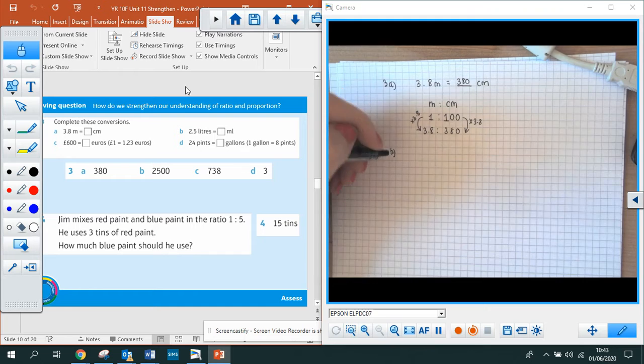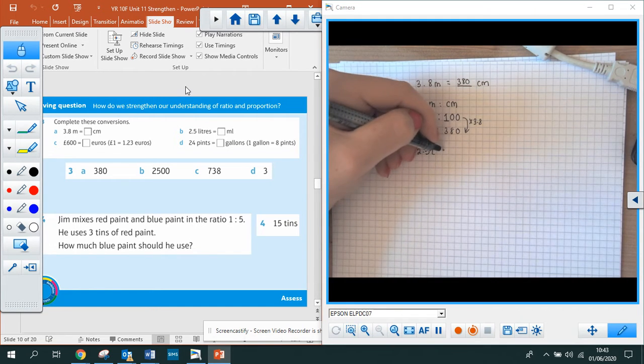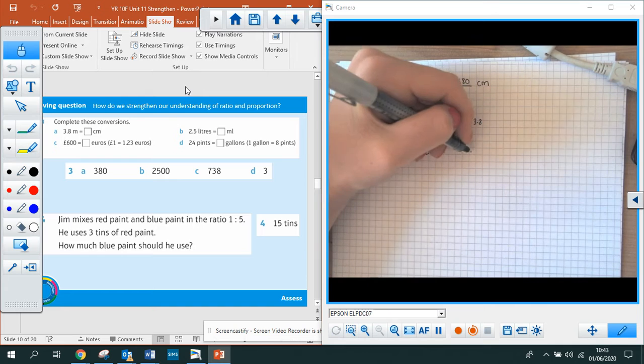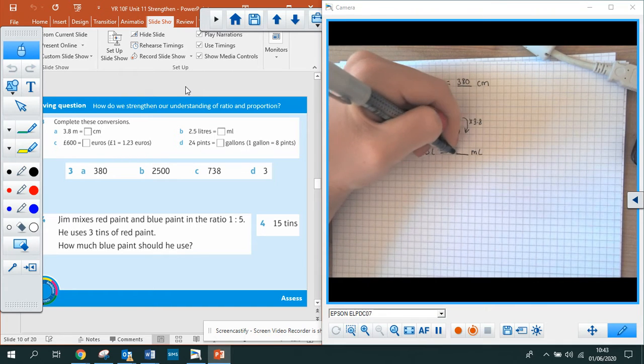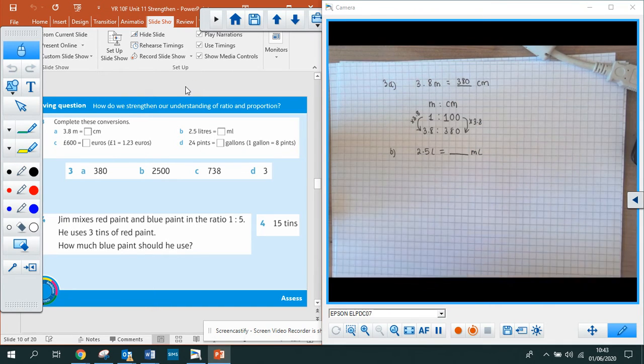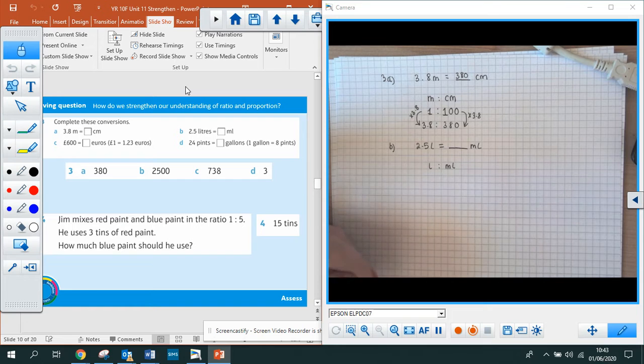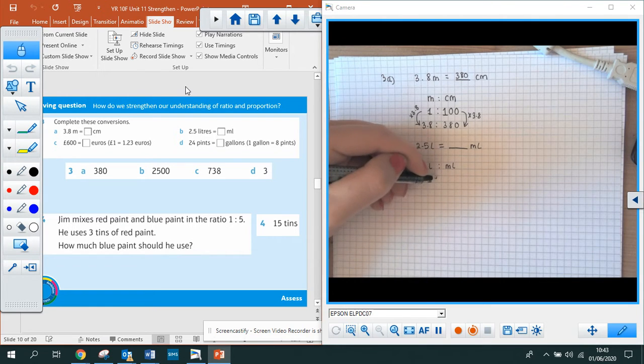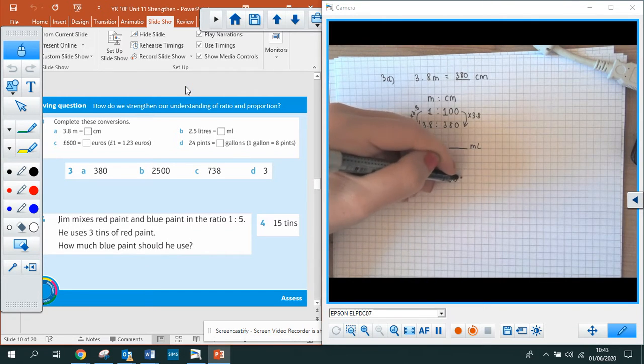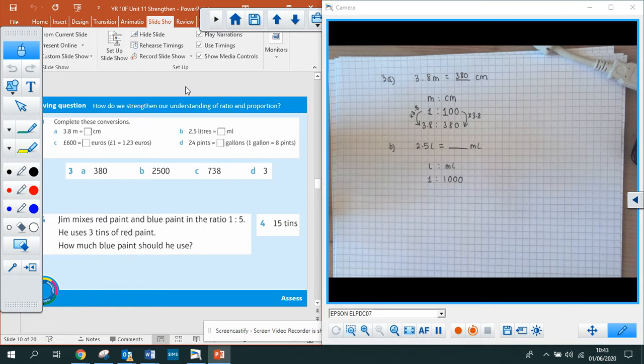For part B, we've got 2.5 litres, and they want to know how many millilitres that is equivalent to. The same method, I'm going to write myself a ratio of litres to millilitres, and I know that 1 litre is 1,000 millilitres.